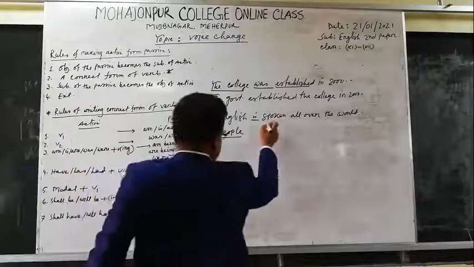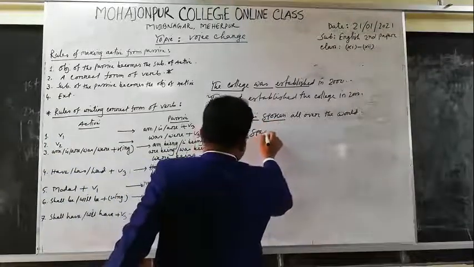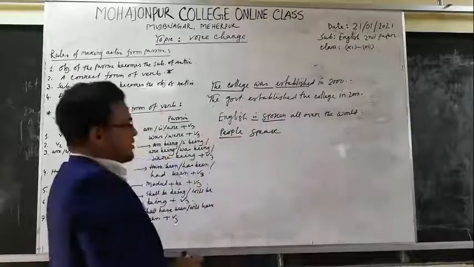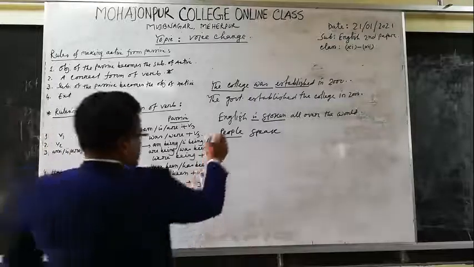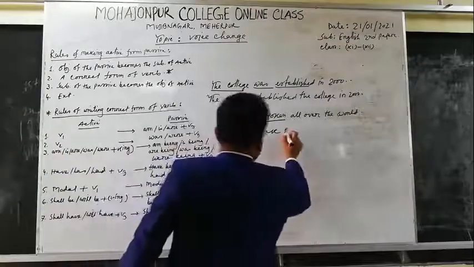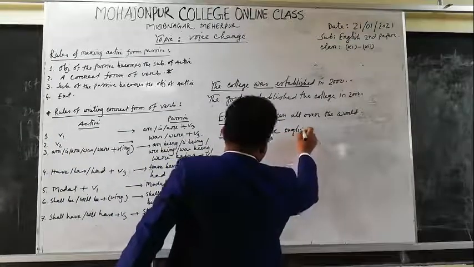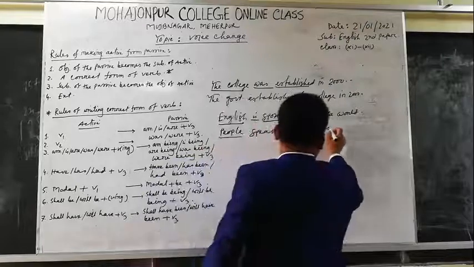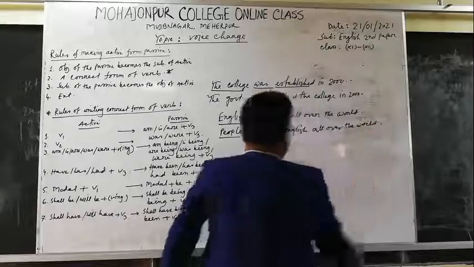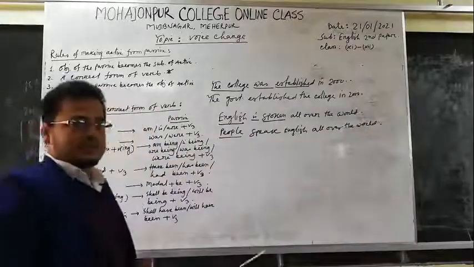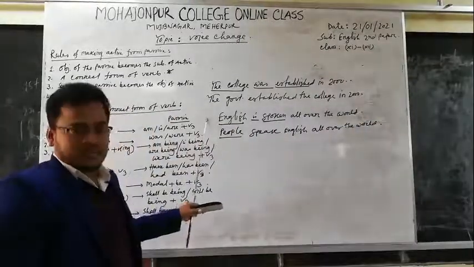So the present form of spoken is speak, people speak, and according to the rules the subject of the passive becomes the object. Here the subject is English, so we write English and then the extension all over the world. Okay, clear? I think you have got it very clearly.